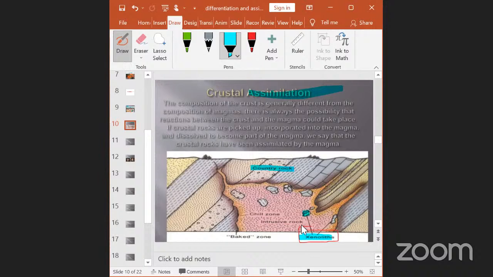Such entrapped fragments of country rocks are called xenoliths, right? As assimilation involves remixing of magma, it may be considered the reverse process of differentiation. So assimilation causes variation in composition of igneous rocks, right?